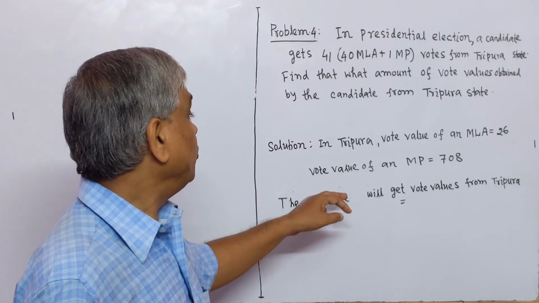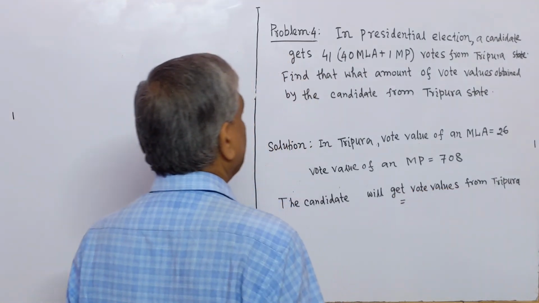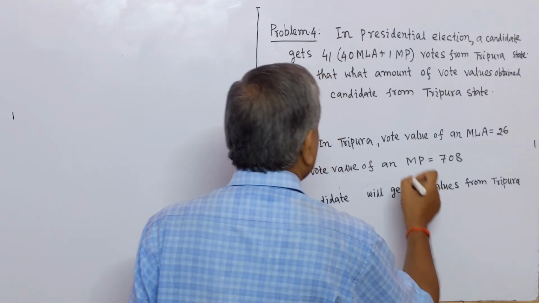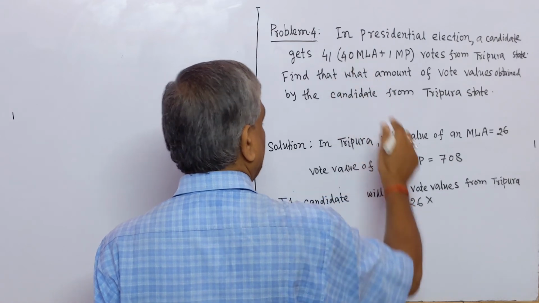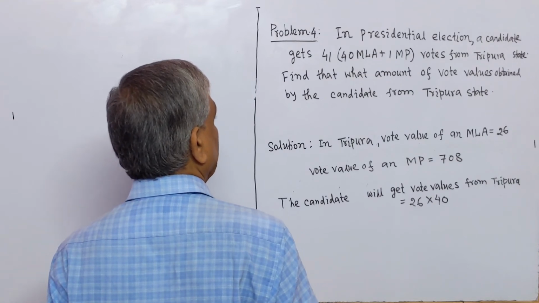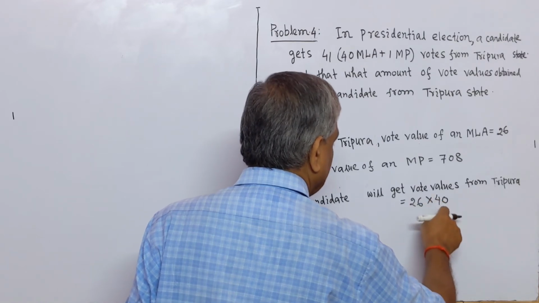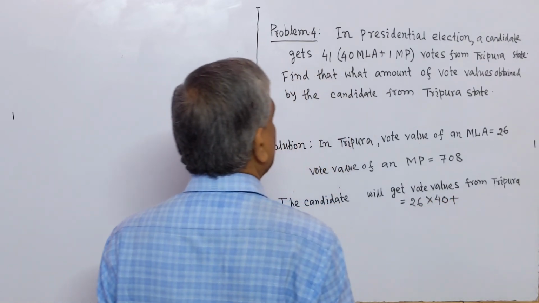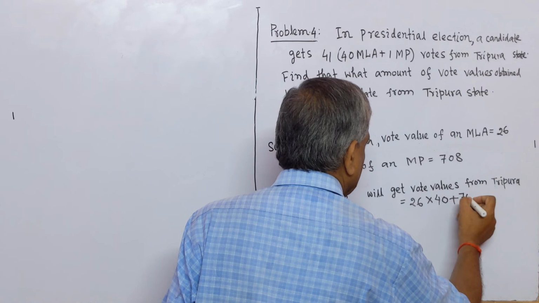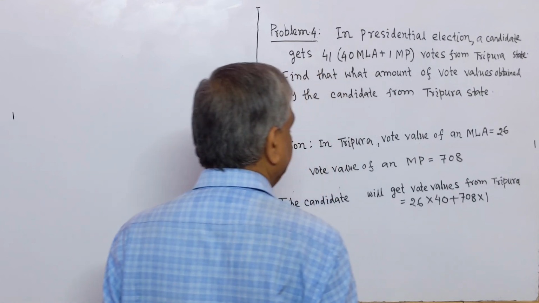So, vote value obtained by the candidate in Tripura state will be, vote value of an MLA is 26, number of MLAs who cast vote to the candidate is 40. So, vote value of 40 MLA votes in Tripura state will be 26 multiplied by 40 plus 1 MP vote. Since vote value of 1 MP vote is 708, so 1 MP vote will be multiplied by 1.